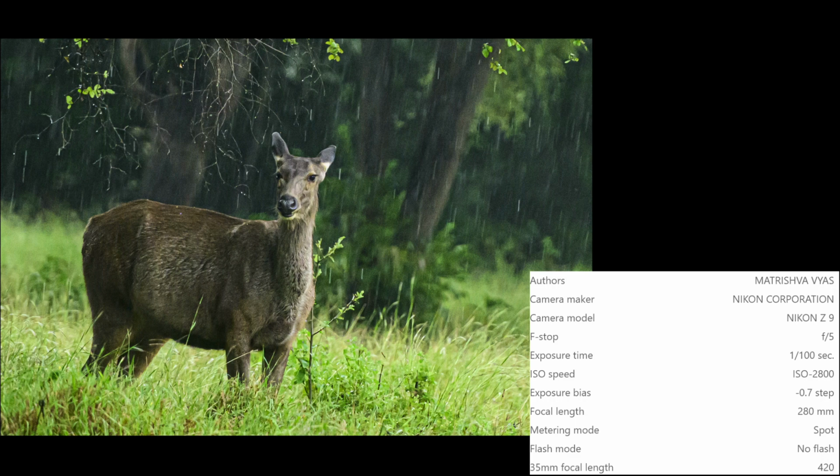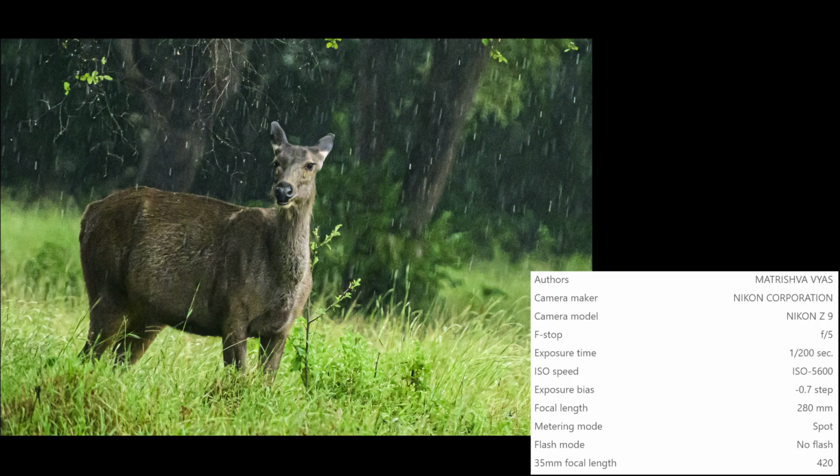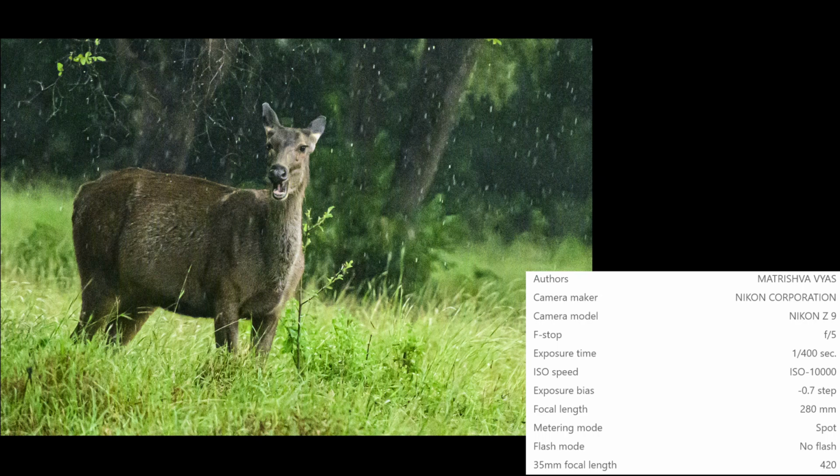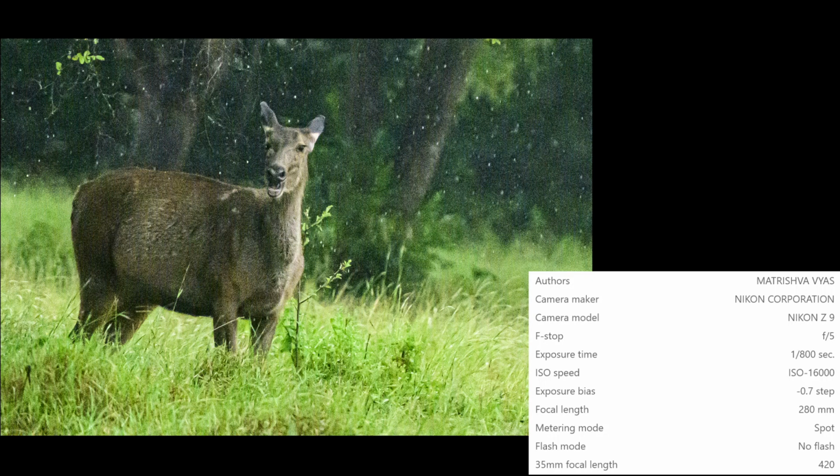So we start with a shutter speed of 1/100th of a second, 1/200th of a second, 1/400th of a second, 1/800th of a second, and 1/1250th of a second.